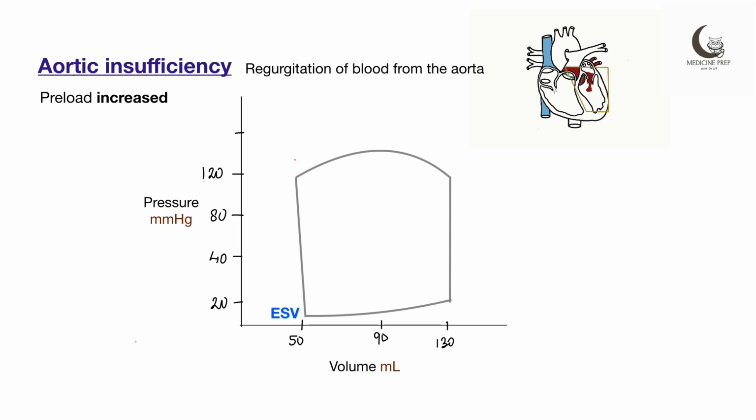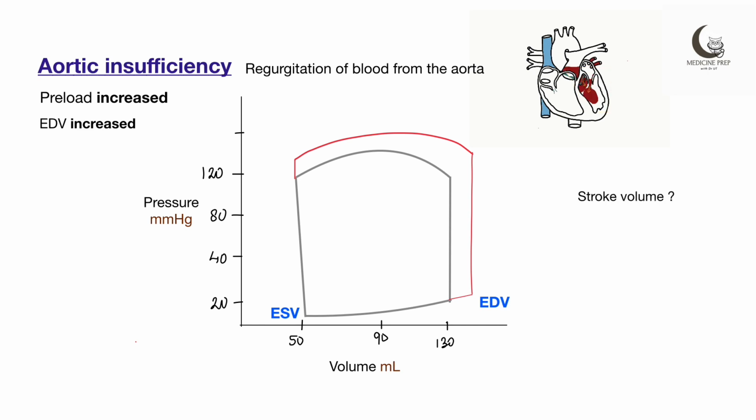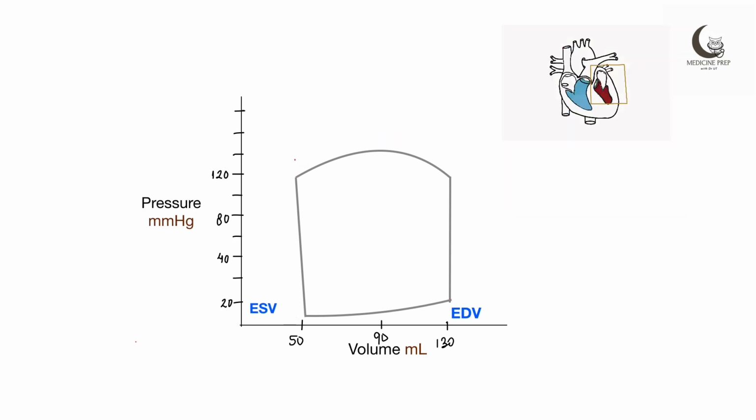So your end diastolic volume will increase because end diastolic volume is directly proportional to preload. And once your end diastolic volume increases, the heart increases the contractility to compensate to keep your end systolic volume same. What will happen to the stroke volume? It will increase.